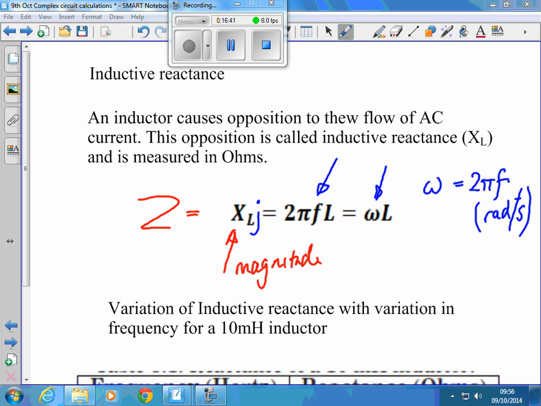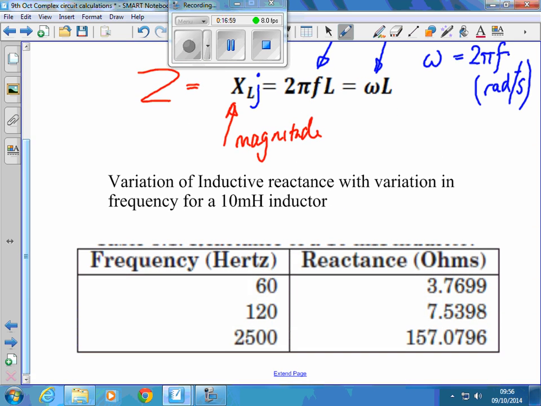Because of this frequency in here, that value XL is frequency dependent. It goes up and down with frequency. In an inductor, XL rises as frequency rises. So for your electrical circuit, at 60 hertz a 10 millihenry inductor would measure 3.77 ohms impedance.